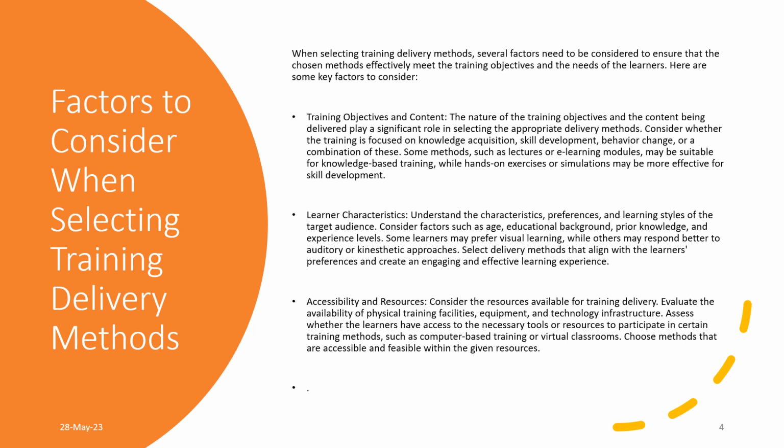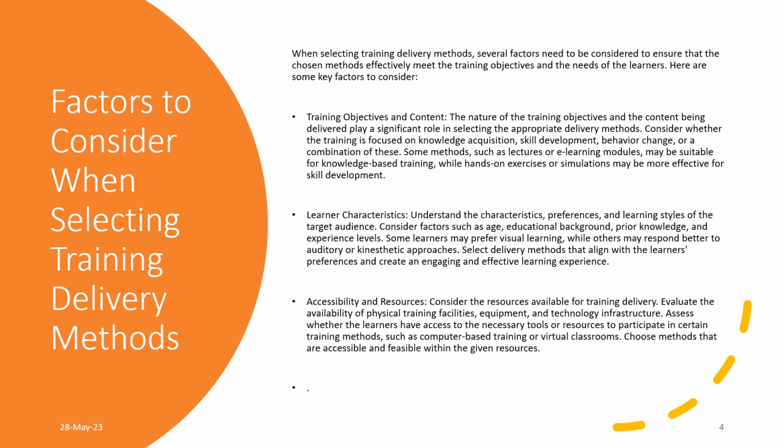Factors to consider when selecting training delivery method. When selecting a training delivery method, there are several factors you need to consider so that the chosen methods can effectively meet the training objectives. Here are some of the key factors. First of all, the training objectives and content.